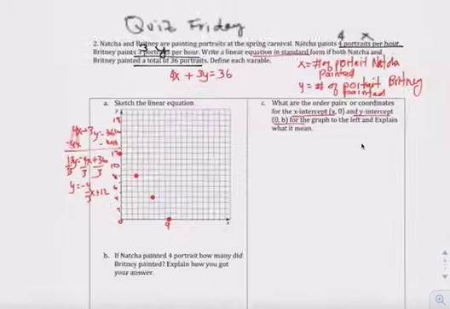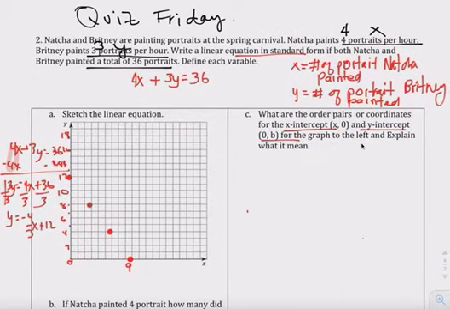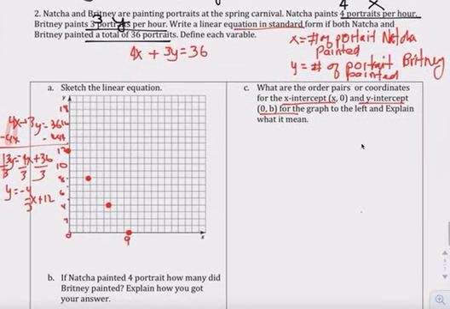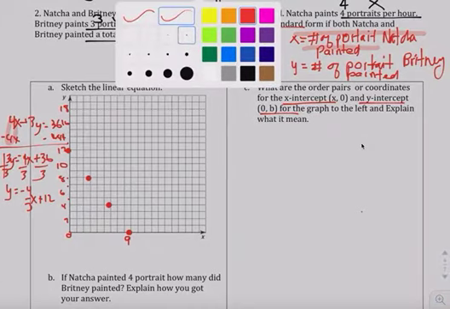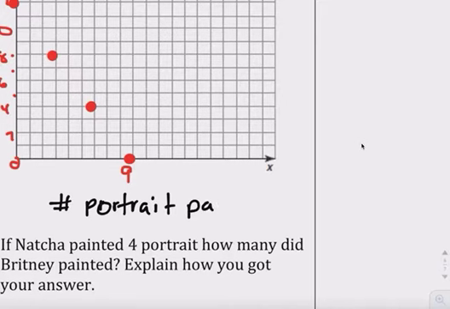We need to label what these all mean. The X is the number of portraits Nacha painted. It says so right here. So down here at the bottom, you need to put number of portraits painted by Nacha.